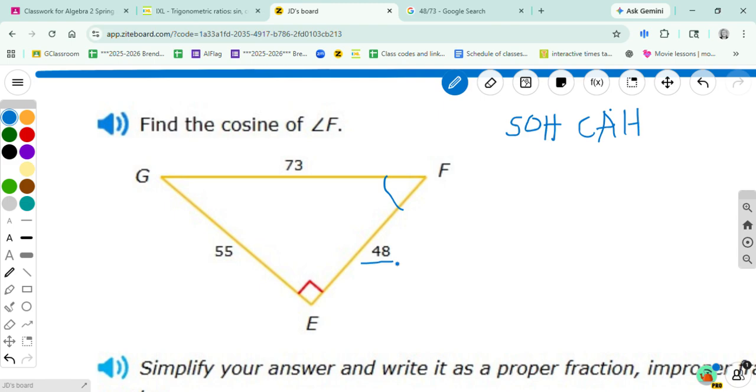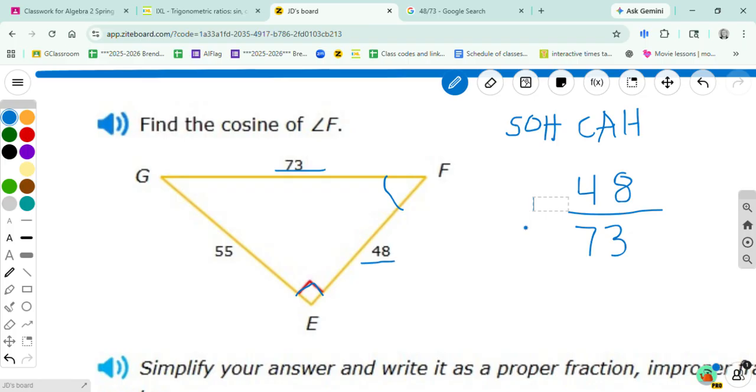So it's got to be this guy, 48. So we got 48 divided by, well, now we want the hypotenuse, and the hypotenuse is the side that's opposite to our square. So that's going to be 73.